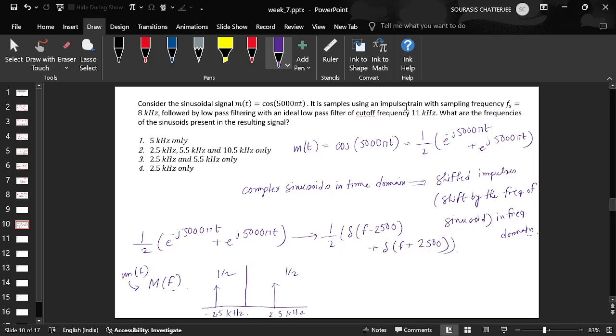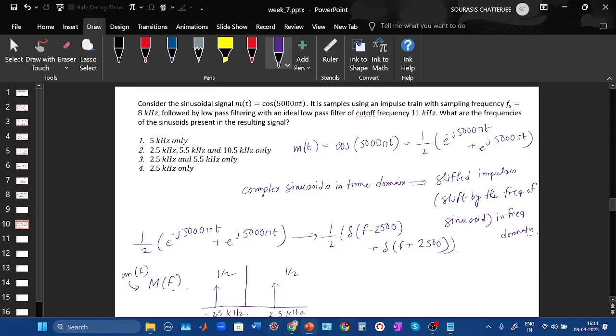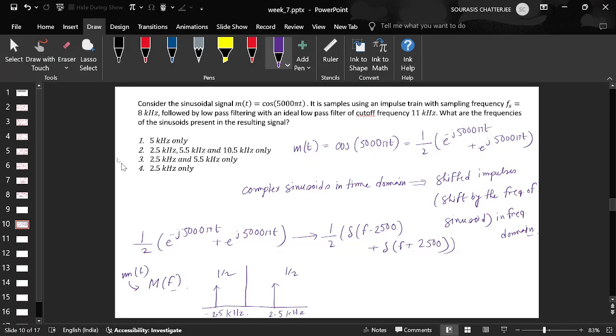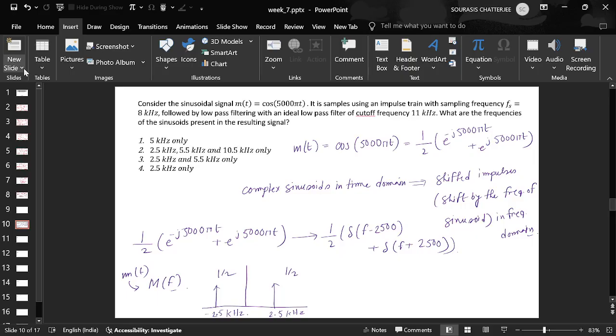Now we move into the part where you are sampling this signal using an impulse train with sampling frequency 8 kilohertz. Let us see how this will look in the frequency domain.